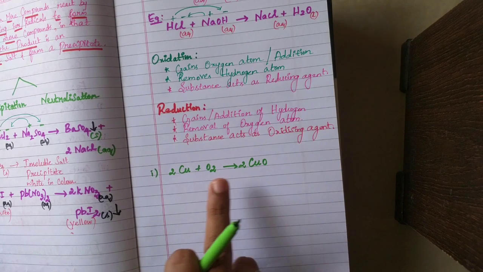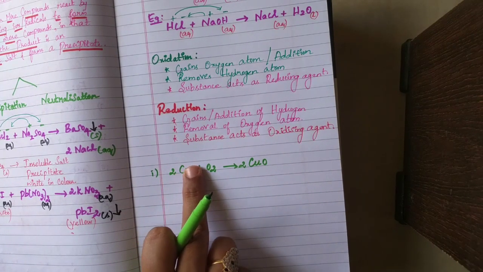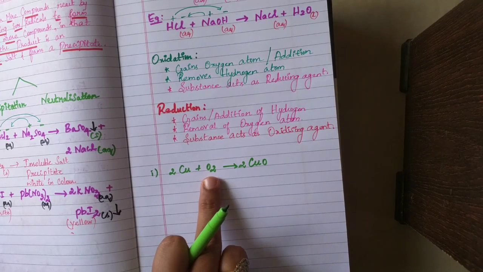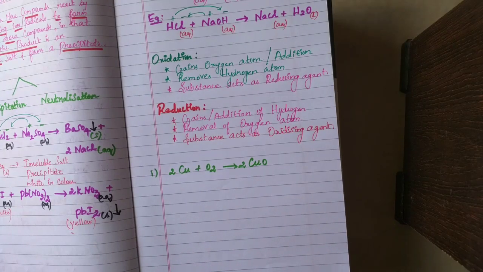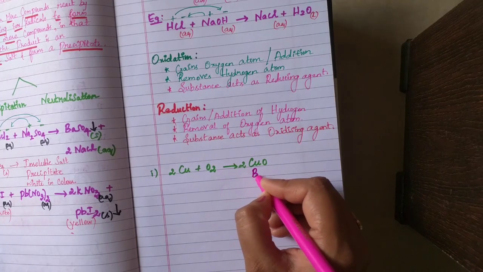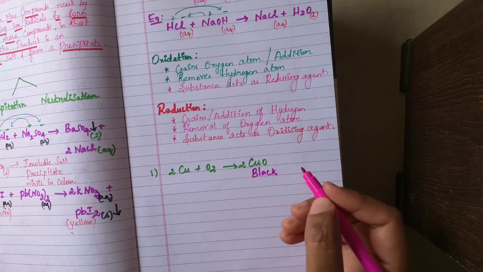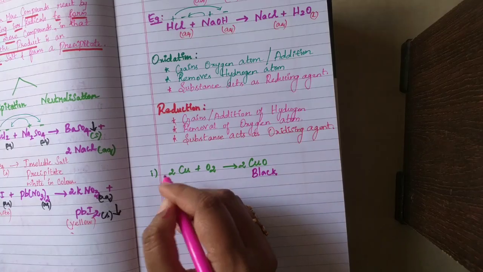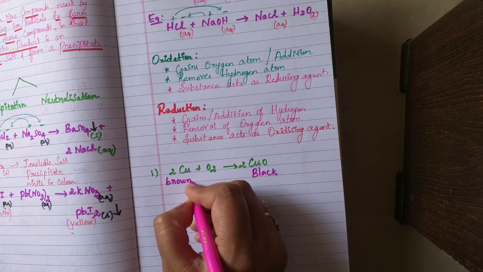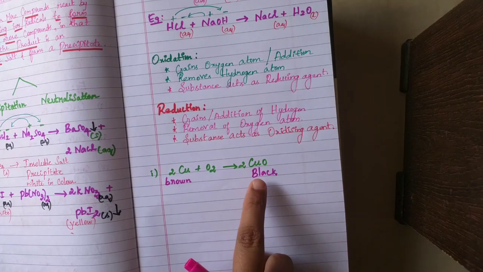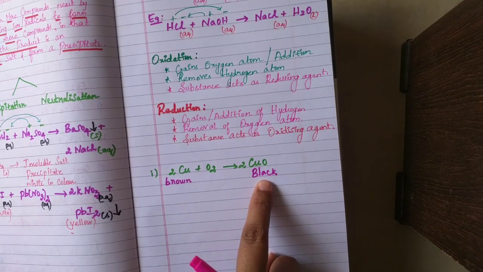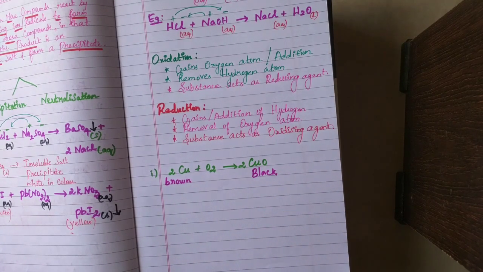Clear students? The brown color copper powder, when it reacts with oxygen, forms copper oxide, which is black in color. It is very important. The color of copper oxide is black, and copper is a reddish brown powder. These colors are clues for these reactions. So what is the product formed here? Copper oxide.